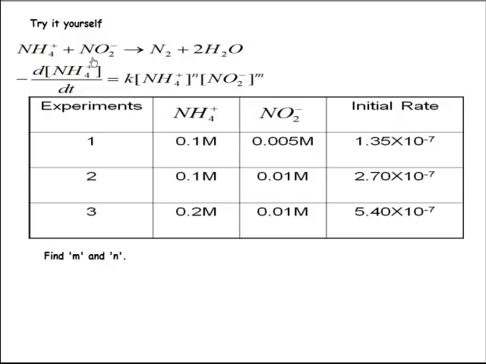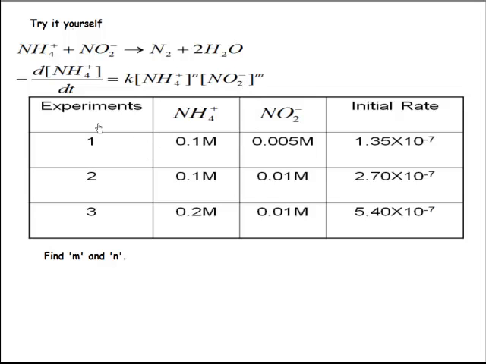Ammonium ions plus nitrite ions gives us nitrogen gas plus 2 water molecules. The rate of the reaction is K times ammonium concentration raised to n into nitrite concentration raised to m. So n and m are the orders with respect to ammonium ions and nitrite ions. What we need to calculate is the value of n and m.